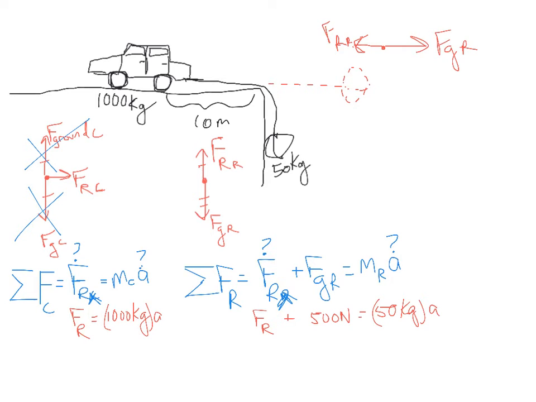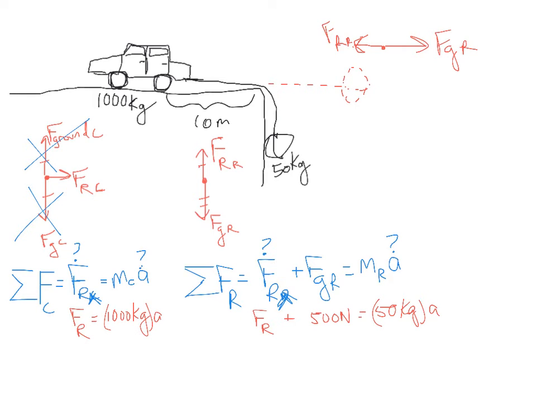Now, again, notice we have two equations. We have two variables. And look at this. The one on the left is already solved for the force of the rope. So we can just substitute this in right there. Do you see what I'm doing?